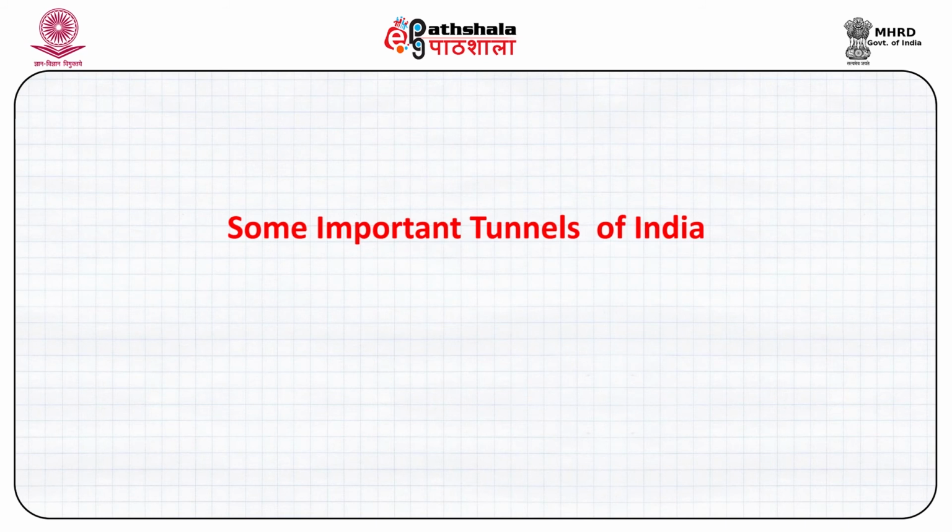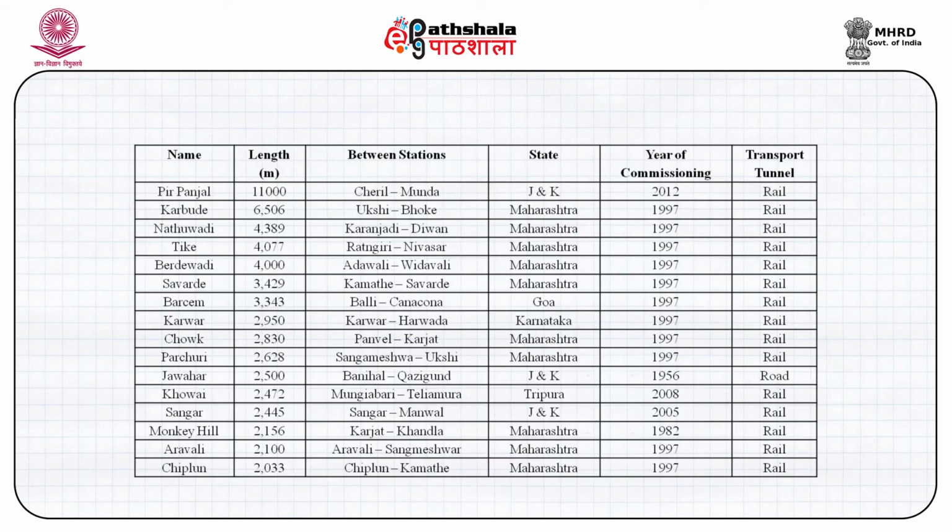In our own country, we have hundreds of tunnels which have come up in the last 75 years. One of the very famous, very old ones is the Jawahar tunnel in Jammu and Kashmir, which is 2.5 kilometers long. Here in this table, I have shown only those tunnels which are more than 2 kilometers long.